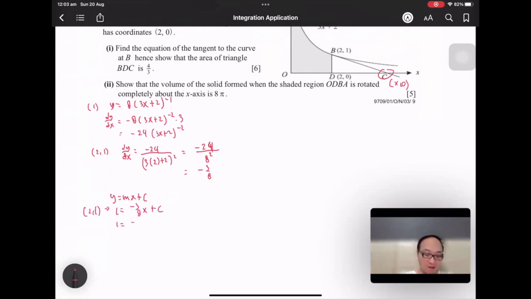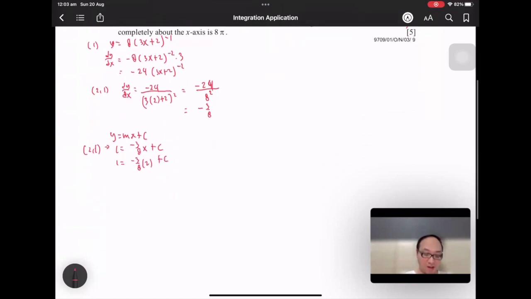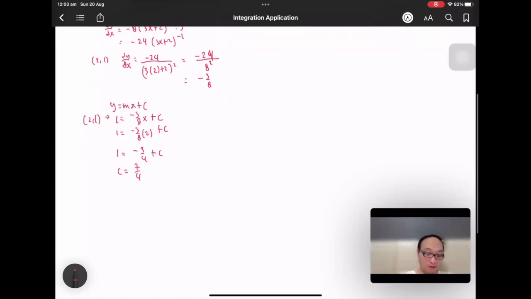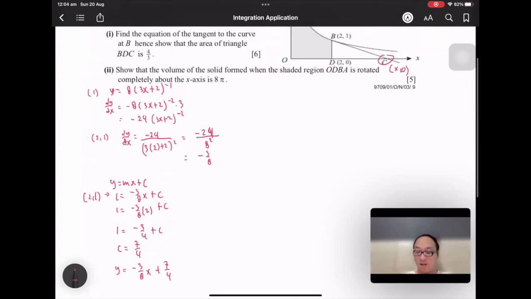So 1 equals -3/8 times 2 plus c. 1 equals -3/4 plus c, and c equals 7/4. So the equation of the tangent will be y equals -3/8 x plus 7/4. And then to find the coordinate C, C is the x-intercept, so it's (x, 0).